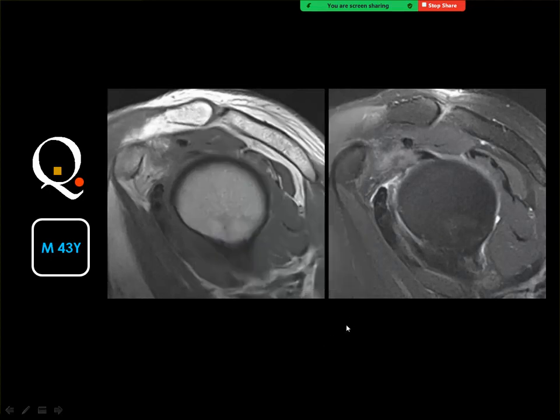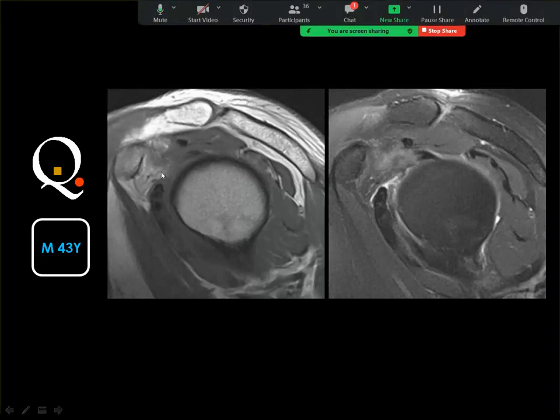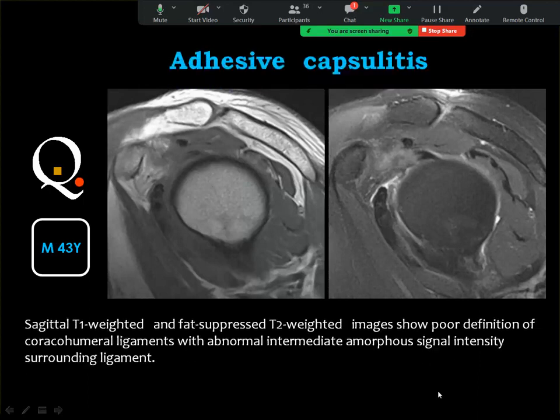But in this situation, you see that the coracohumeral ligament is not identified, and the rotator interval is obliterated. The fat is obliterated by abnormal tissue, which is of low signal in the T1 and bright signal in the T2. And this, as I have said, represents one of the findings of adhesive capsulitis.